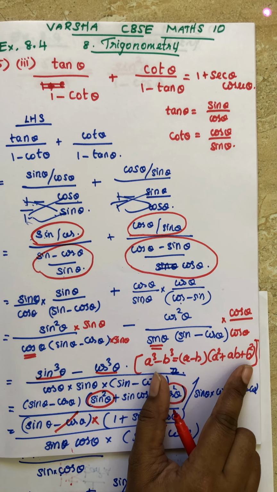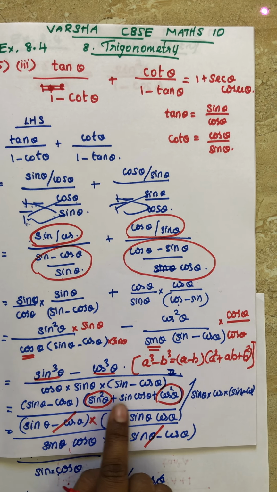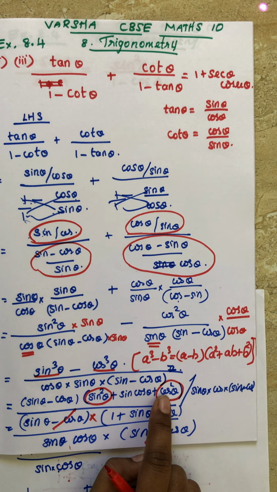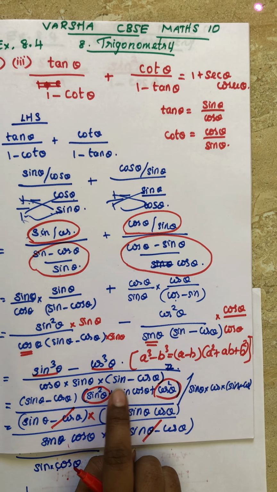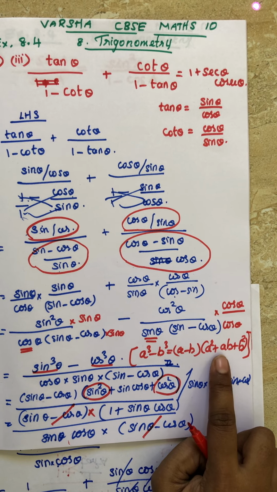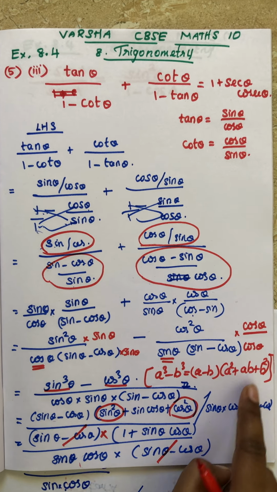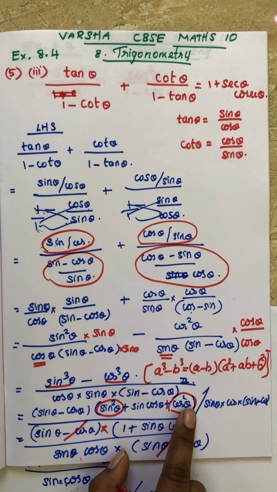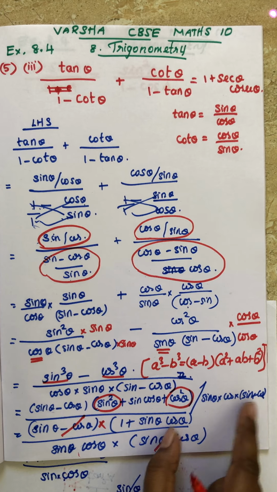So again it is algebraic. I am just splitting a minus b, a square plus ab plus b square. Here 2 is not here, students, because in this question 2 is not here. That is a different identity. You should not confuse it with that. Okay, so sin square plus cos square you will get as 1. So sin minus cos will be cancelled.